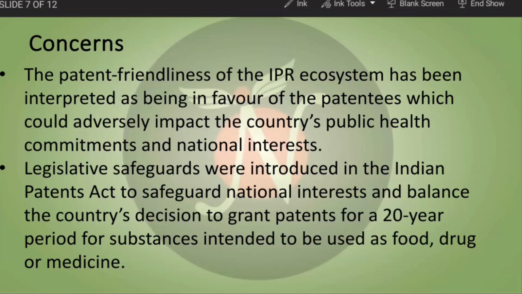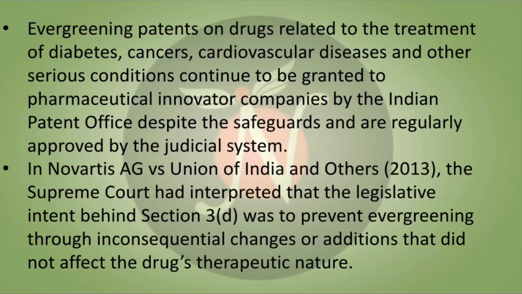What are the concerns with the laws related to patents in India? The patent friendliness of the IPR ecosystem has been interpreted as being in favor of the patentees, which could adversely impact the country's public health commitments and national interest. Legislative safeguards were introduced in the Indian Patents Act to safeguard national interests and balance the country's decision to grant patents for a 20-year period for substances intended to be used as food, drug or medicine.